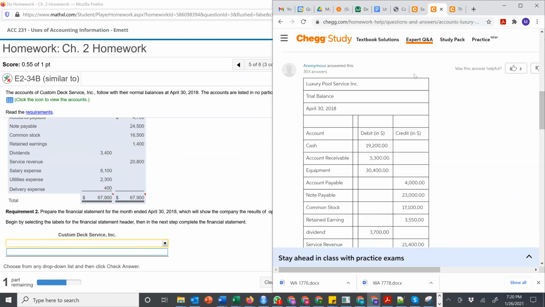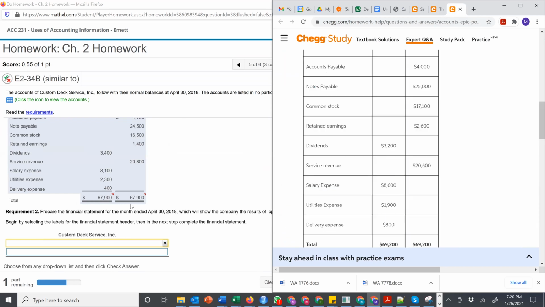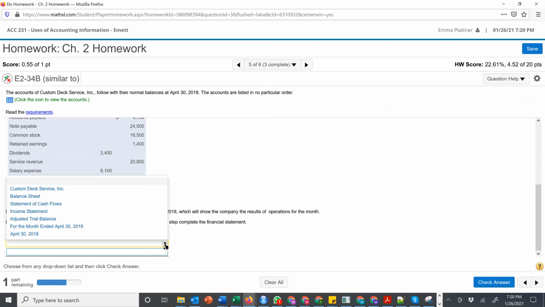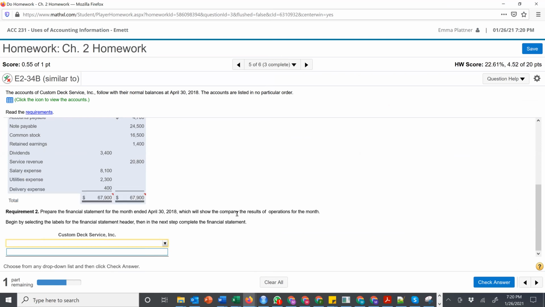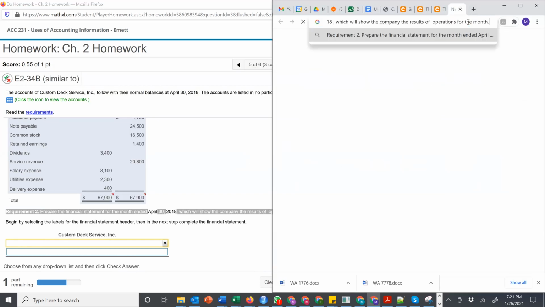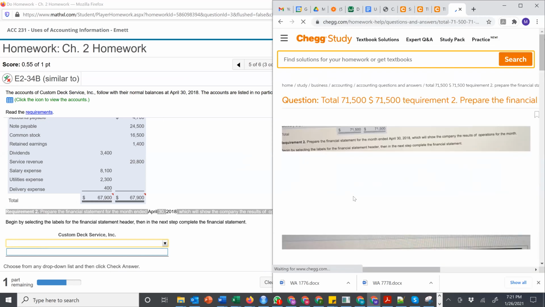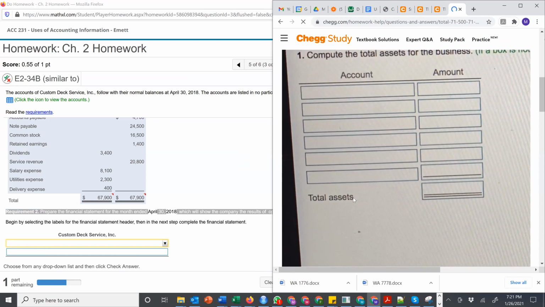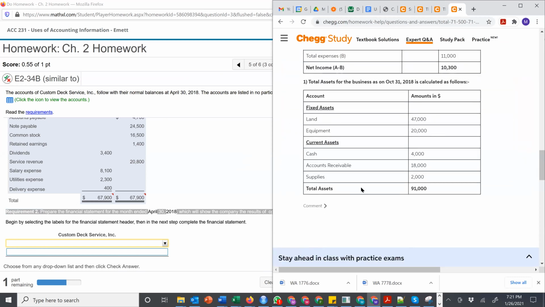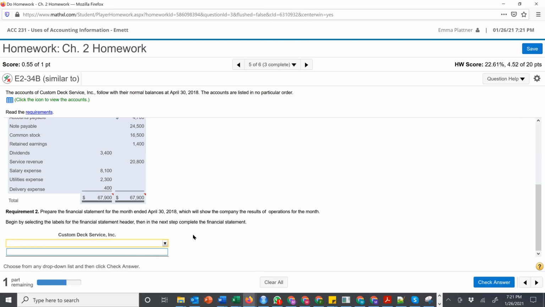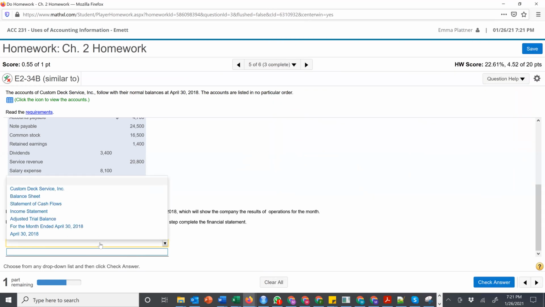All right, so the next part of the question is to prepare a financial statement. Something goes at the top of this financial statement, and I don't know what it is.